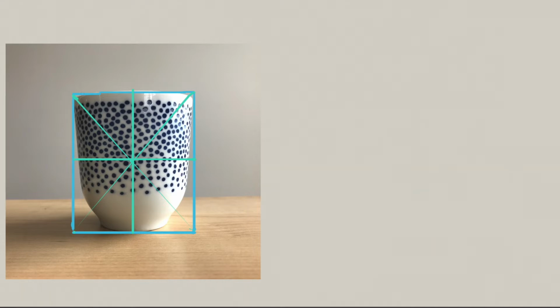Now we have divided the rectangular notional space into four quadrants, which gives us smaller sections to measure this cup from edge to edge, top to bottom. This also helps us see the negative space around it, the shape of the negative space, and the angle of the edge of the cup in relation to the notional space line.